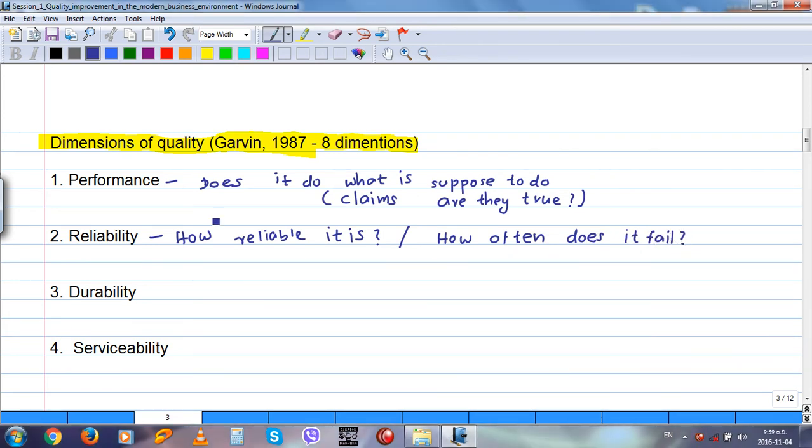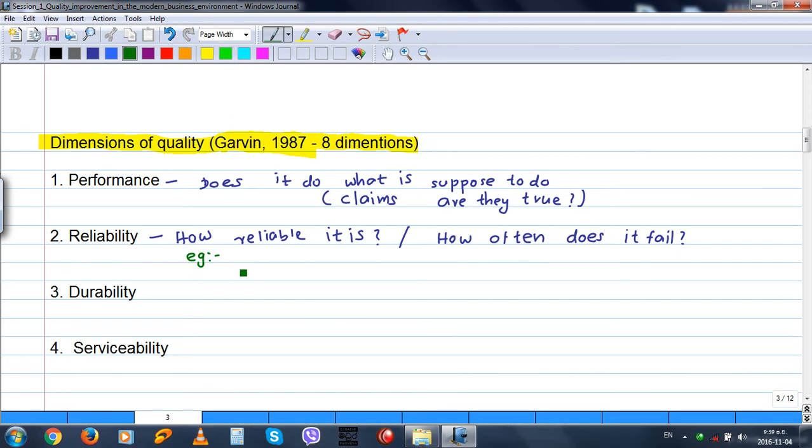As an example, if we think about a vehicle, if it has to be repaired only occasionally, it means minor repairs. That is one case.